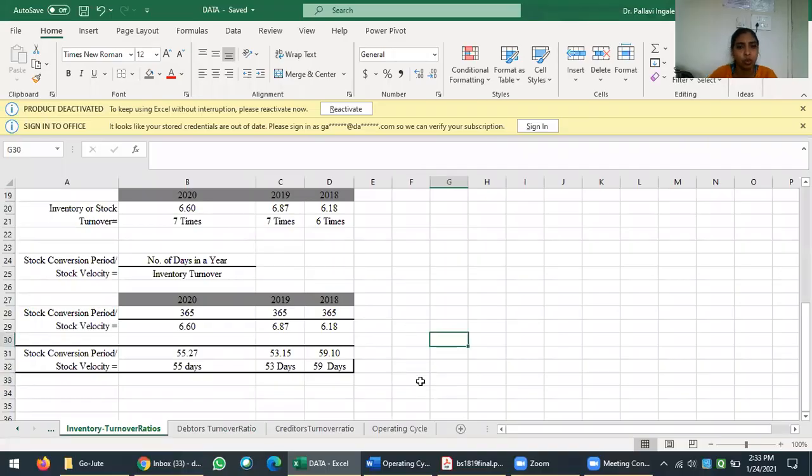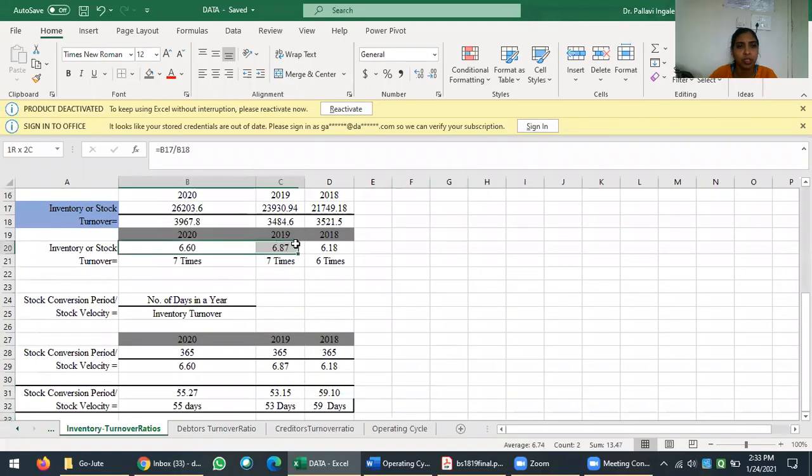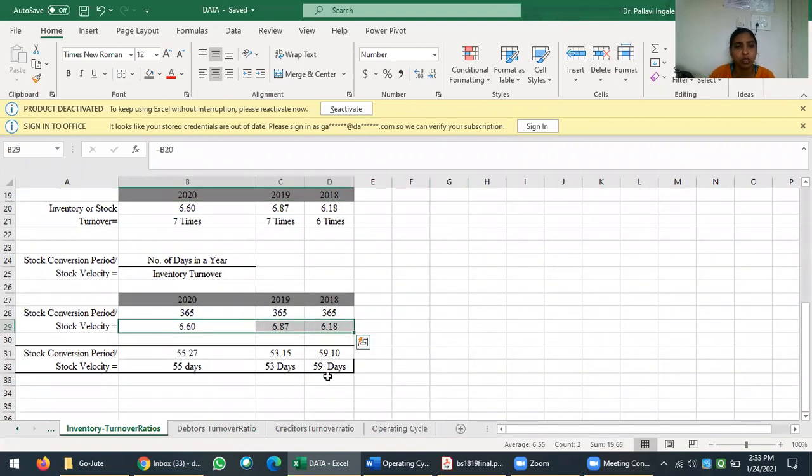Okay, just to avoid confusion, what we'll do, we'll consider the same amount, 6.60. Okay, the same amount I'm considering here to avoid future confusions.